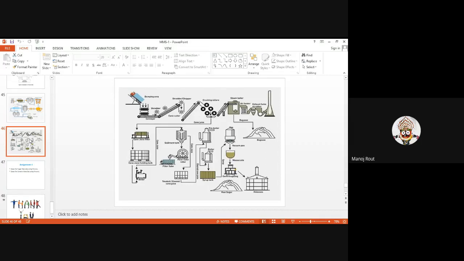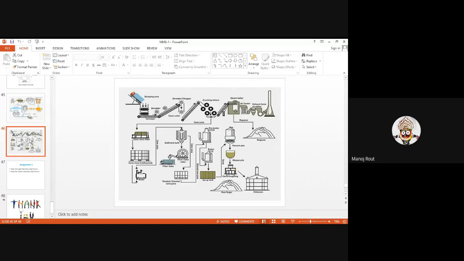From the crushing roller, we directly collect the cane juice, and the rest of the bagasse is dumped. The cane juice goes to the cane juice filters, then to the cane juice holding tanks, then into the boiler, and then to the sediment tank, where crystallization should be done to make raw sugar.